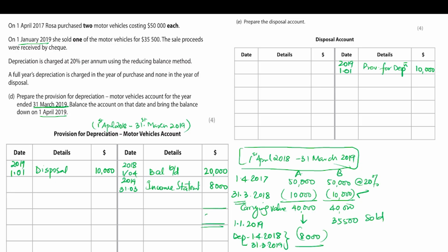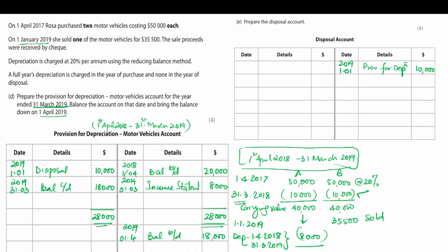We get here 28,000, and this also 28,000. There'll be a balance on 2019 31st March. Balance carried down would be 18,000, and here 2019 1st of April balance brought down 18,000. With this we complete this.